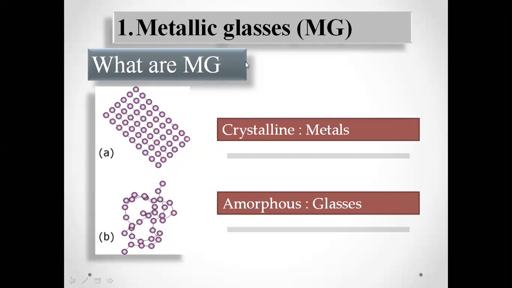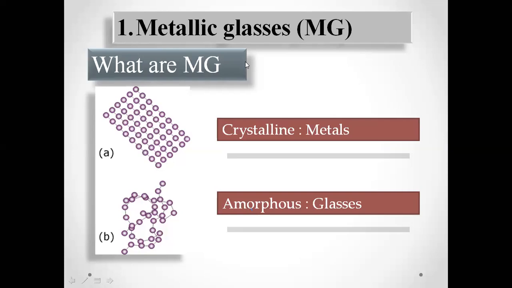That means the properties are different in different directions, and most of the metals, in fact all metals, are crystalline in nature. For example, take iron, titanium, nickel, whatever metal you take, they are all crystalline. That means their atoms are regularly arranged and they have anisotropic properties.